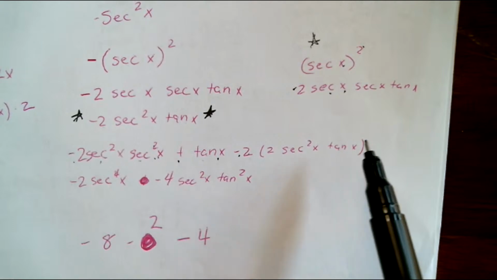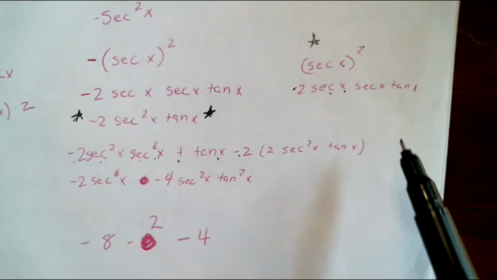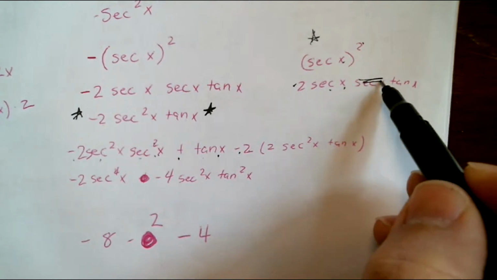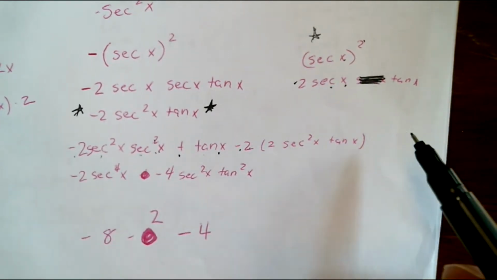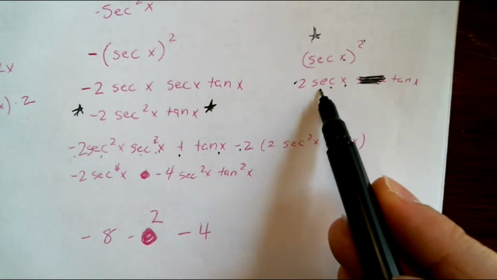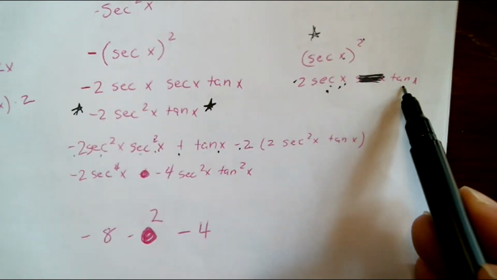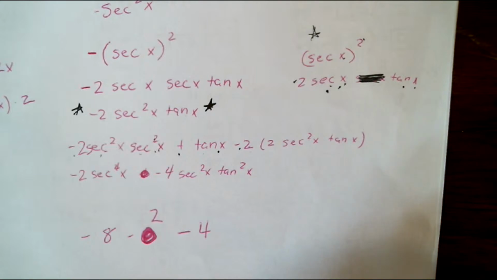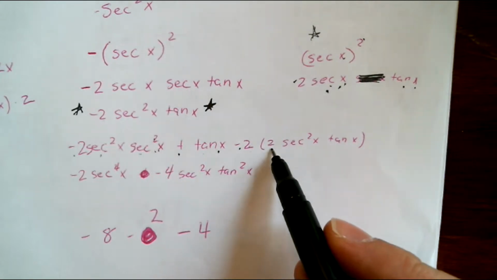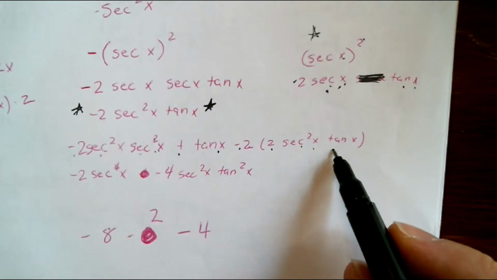So then that brought us to that. I said that I have too many secant x's in there. Sorry, that didn't make sense. So it should just be 2 secant x, the inside, times the derivative of the inside, which would be tangent x. So 2 secant squared x times tangent x.